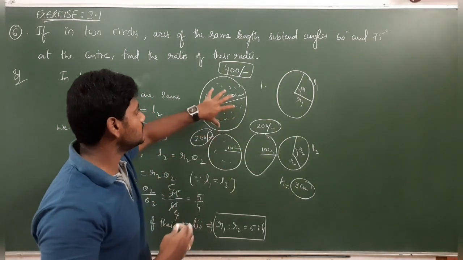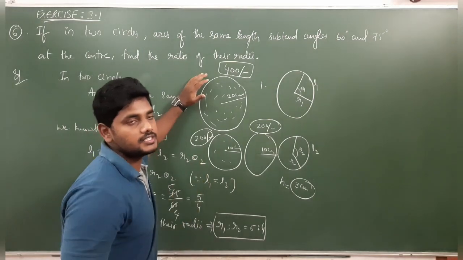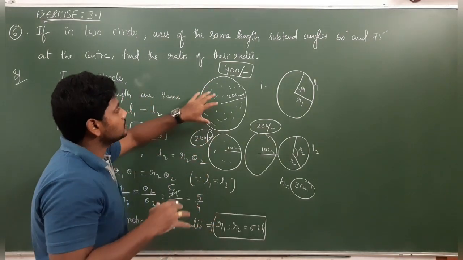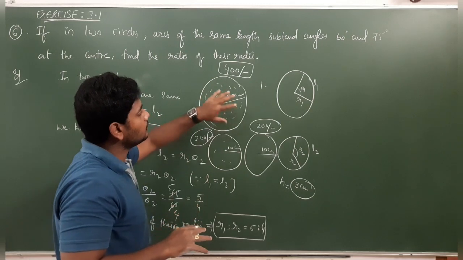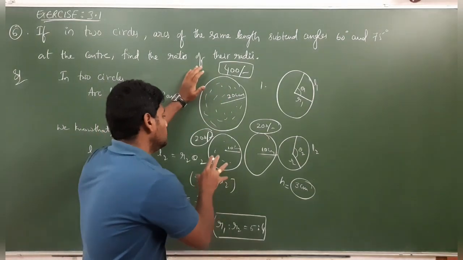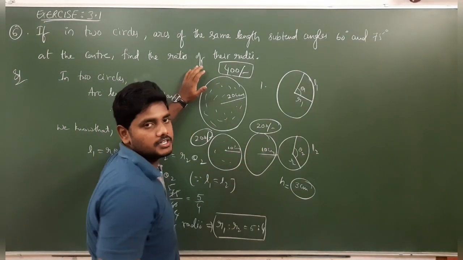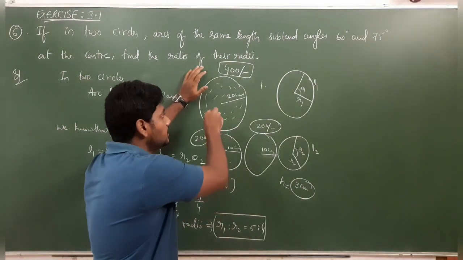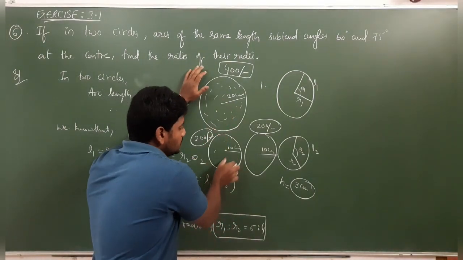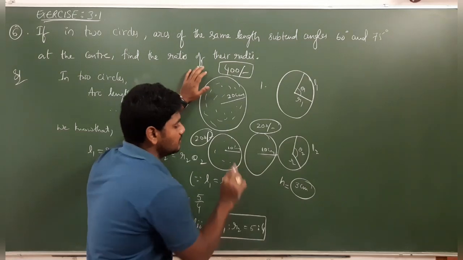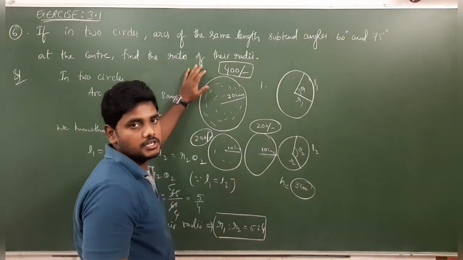For example, you have asked for this pizza, but the pizza boy said, sir, these were already sold. We don't have pizzas with 20 centimeters. We have only pizzas with 10 centimeters and 10 centimeters. So in total you need 20 centimeters, but a 10 centimeter pizza is there, another 10 centimeter pizza is there, with thickness h equal to 3 centimeters.